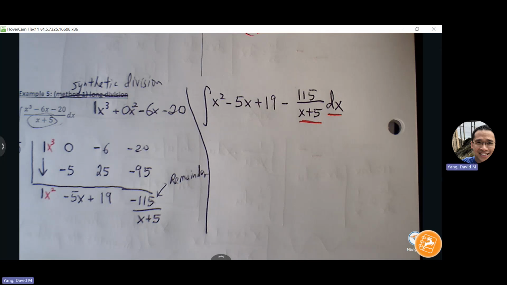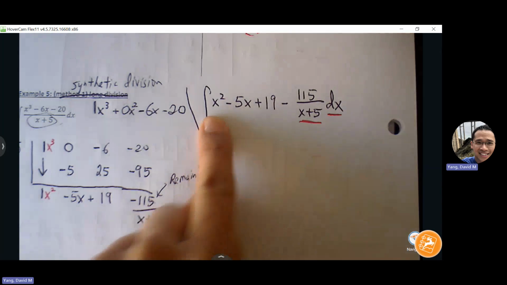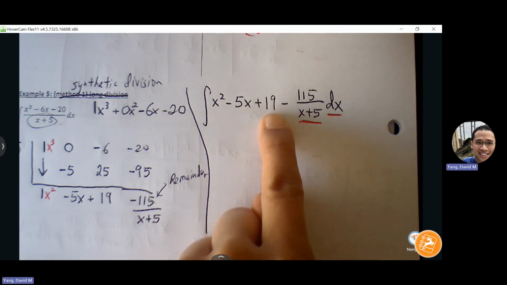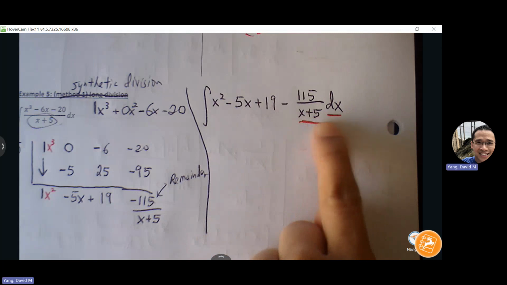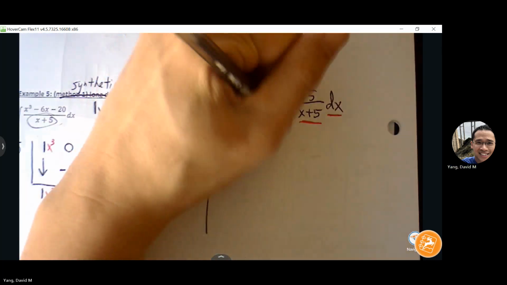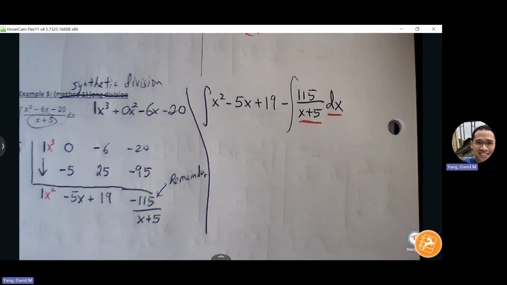Okay, so power rule for each of the first 3 terms: x squared becomes x cubed over 3, -5x becomes its power rule antiderivative, 19 becomes 19x, and then a little bit of u substitution here. U is x plus 5. du over dx equals 1.